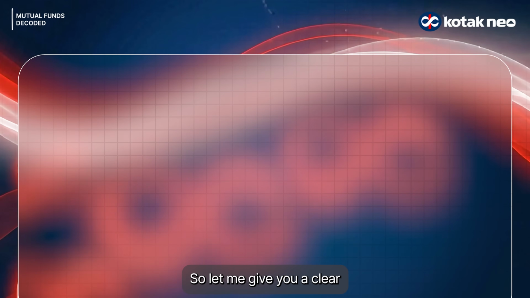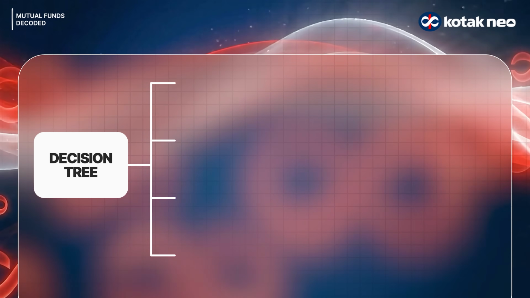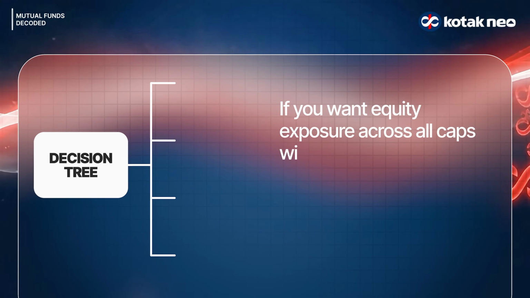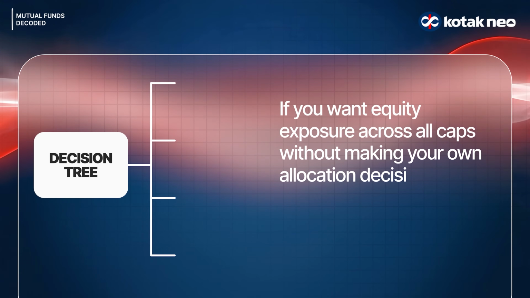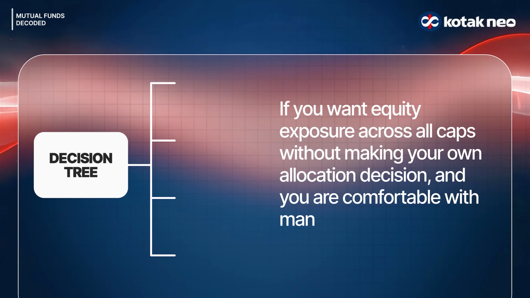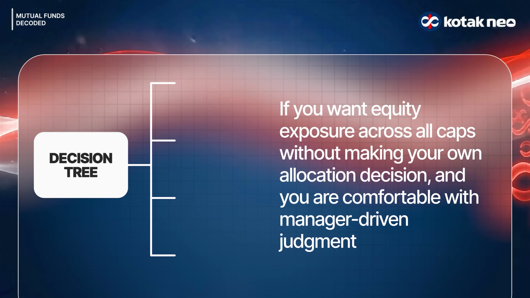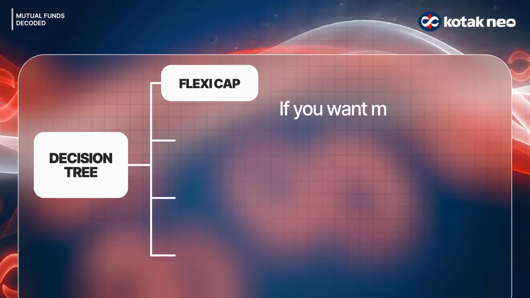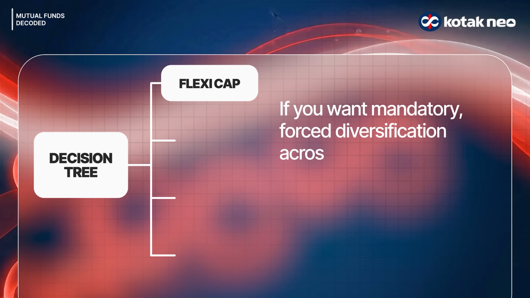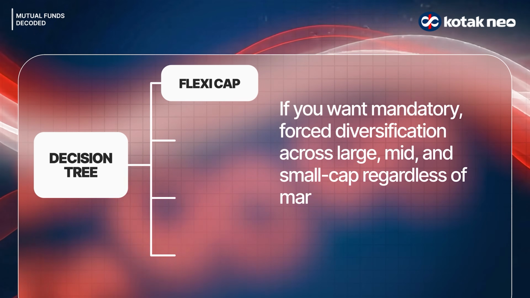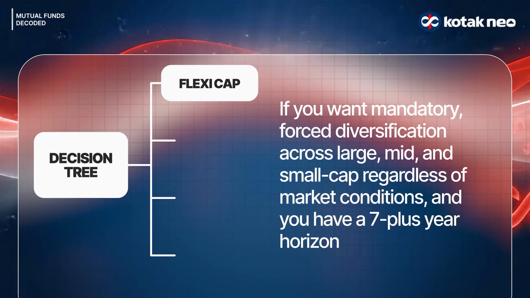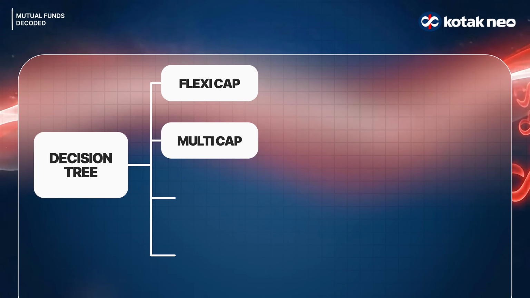So let me give you a clear decision tree. If you want equity exposure across all caps without making your own allocation decision, and you are comfortable with manager-driven judgment, then Flexi Cap is for you. If you want mandatory forced diversification across large, mid and small cap, regardless of market conditions, and you have a 7+ years of horizon, then multi-cap is for you.